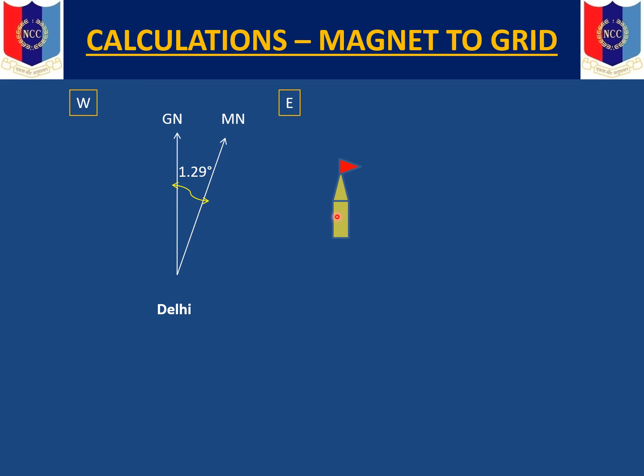Now here is a temple. 60° east is the direction of the temple with respect to the magnetic north, or 60° east is what you have found out from your magnetic bearing.